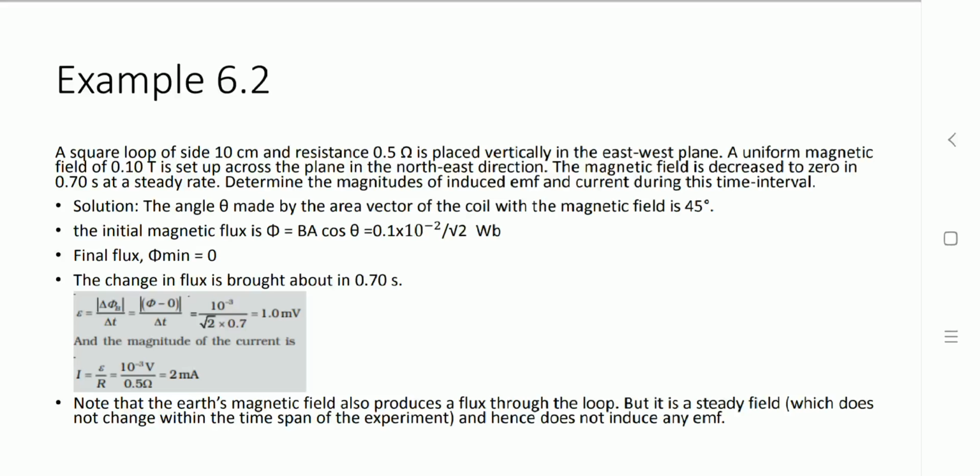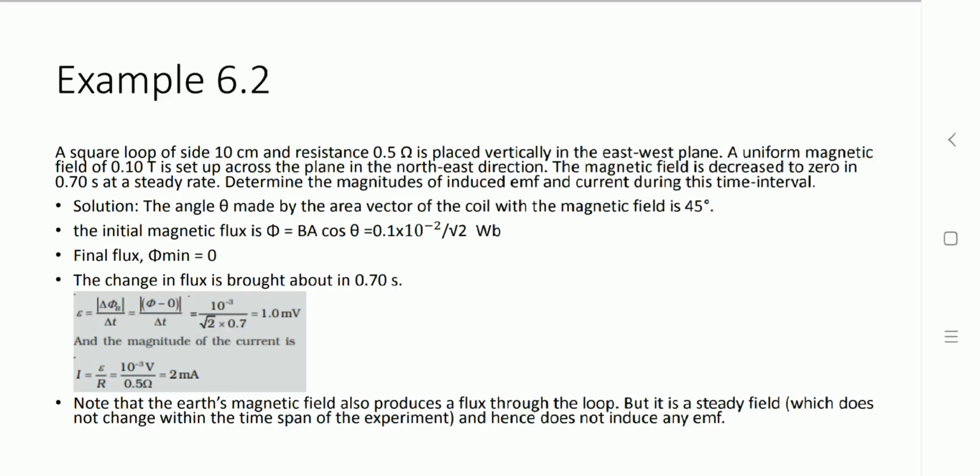Finally, the magnetic flux is 0, so the minimum magnetic flux is 0. As flux is changed in 0.7 second, the EMF epsilon is minus d phi by dt. Instead of differentiation, we can take the difference of these two values.